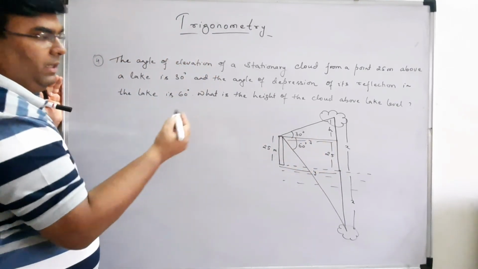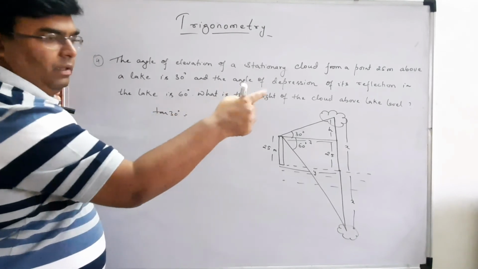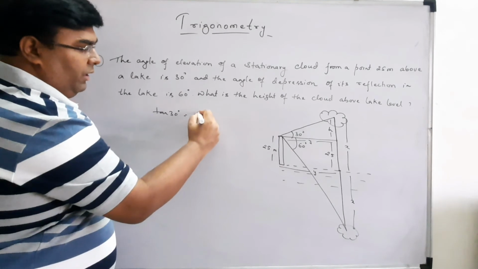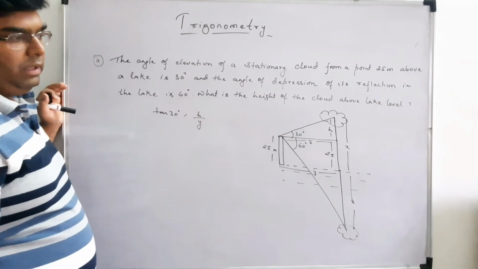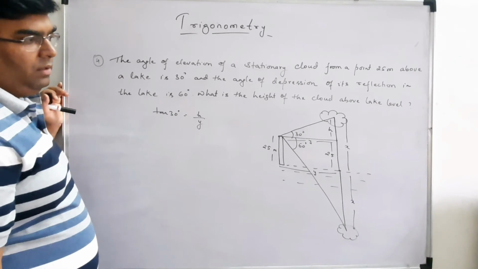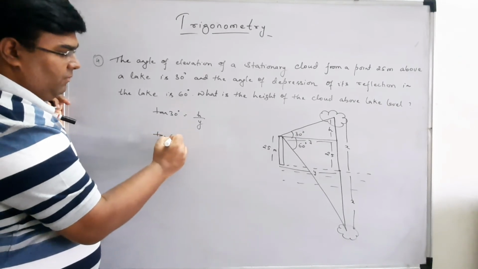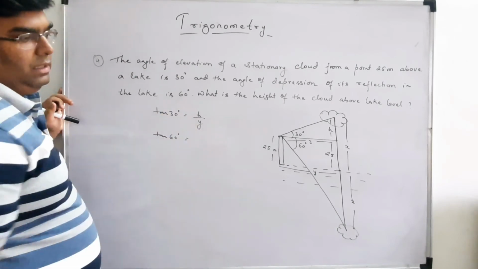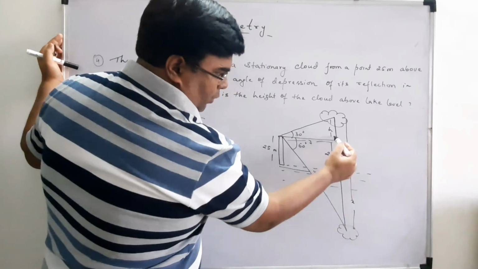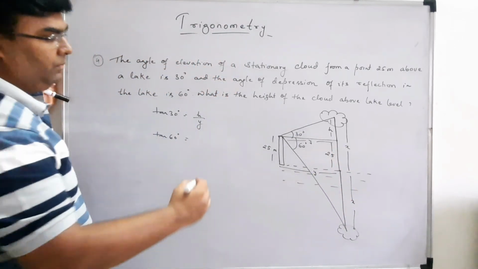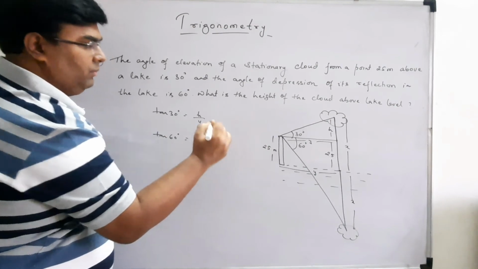So let's take tan 30. Tan 30 will be in the upper triangle, it will be what? H upon y, correct? And tan 60 will be this total x plus 25, x plus 25 by y.